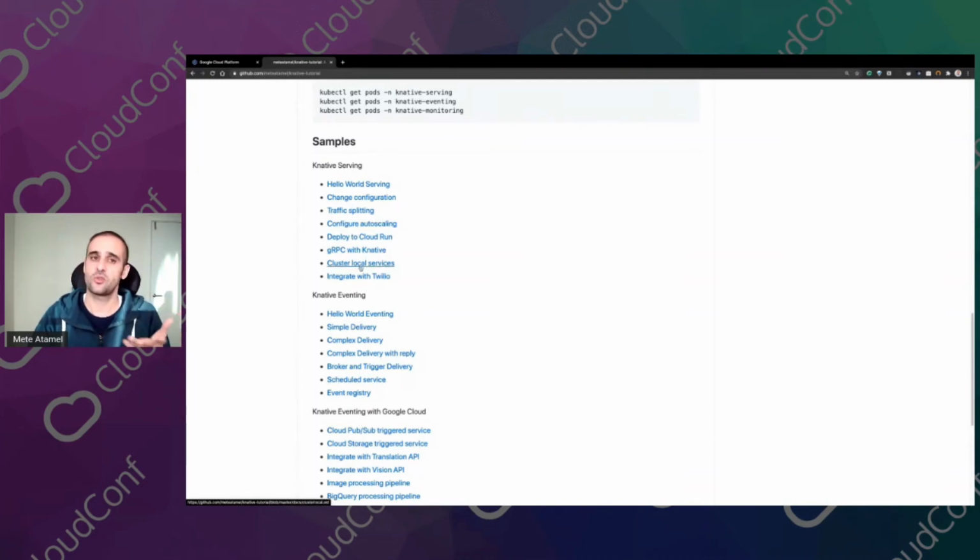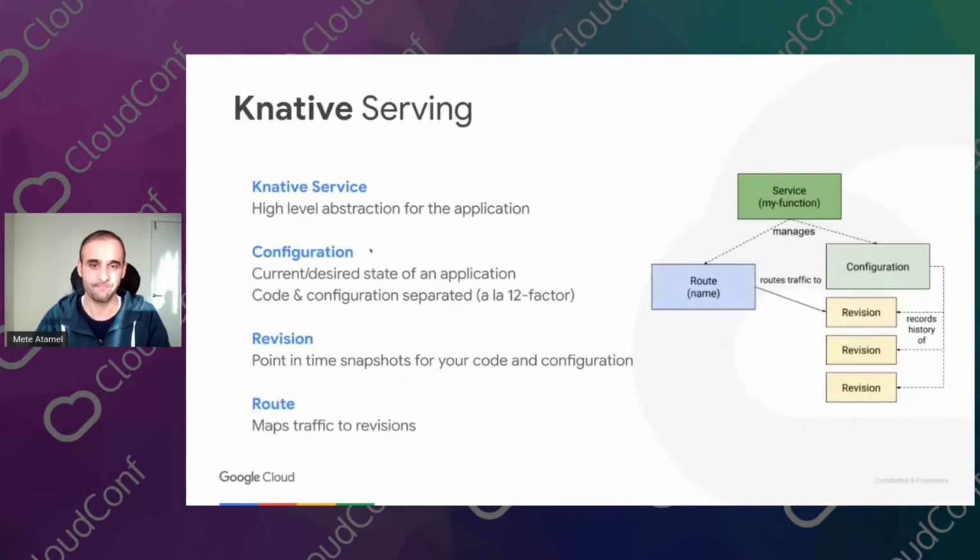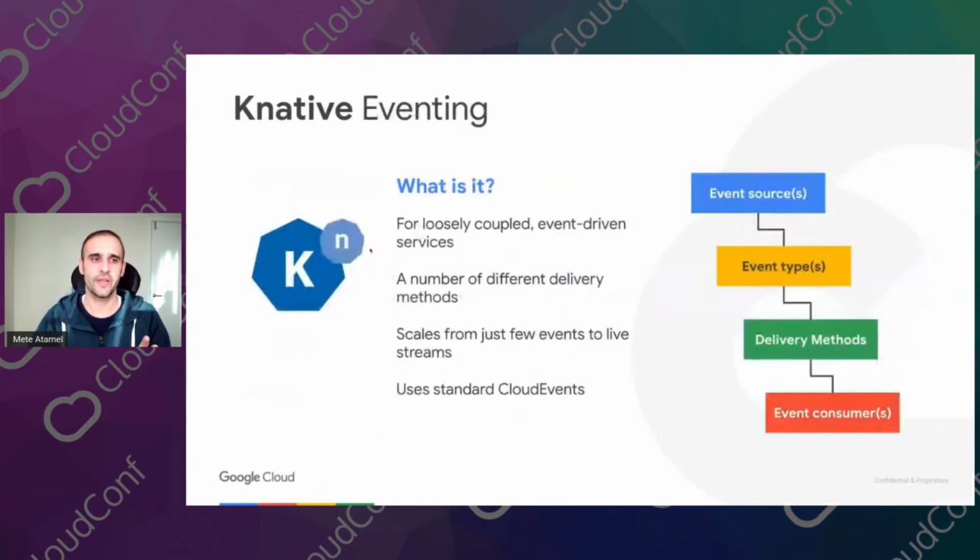You can have cluster-local services, which are private services, so they're not public, because sometimes you don't want public services. And you can integrate with pretty much anything, because you're creating an endpoint, and that endpoint can be called by anyone, really. So you can integrate with Twilio and things like that. I have tutorials for that. Feel free to check them out, but I will move on to Knative Eventing and show you the second part of Knative.